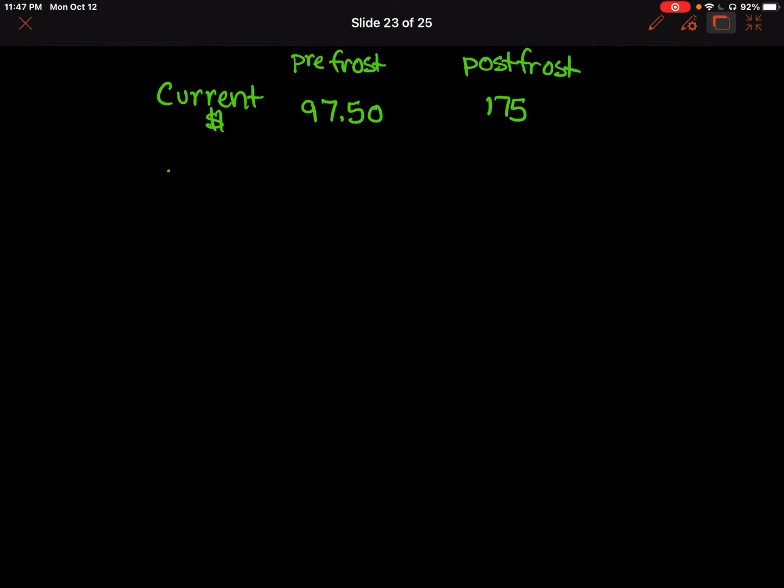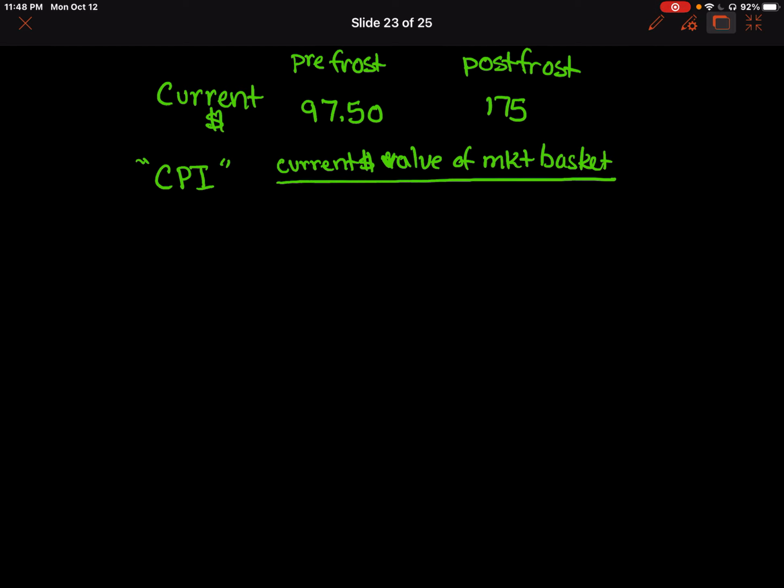If we wanted to construct, in our example, the consumer price index, we would construct this as the current dollar value of the market basket divided by a base year, or constant dollar, value of, again, the fixed market basket.